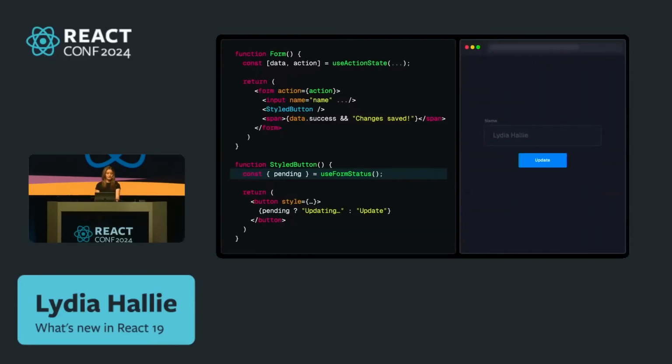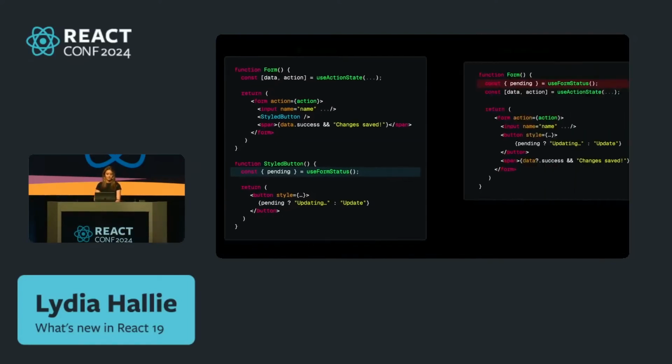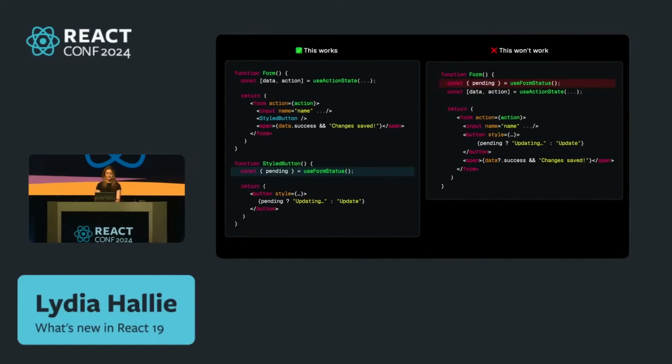So when the transition is pending, pending is returned as true by the useFormStatus hook, and once the transition has been committed, this is automatically set to false. So creating reusable form elements is super easy this way, and it's very easy to also provide that real-time feedback and status updates to users. And again, it works pretty similar to context, so just make sure that you don't use this hook directly within the component that actually renders the form. It has to be a child component.